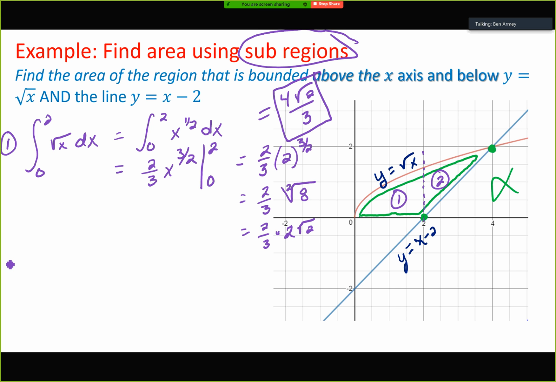All right, and then now region 2 is going to be bound from 2 to 4. All I'm worried about now is the second region, which goes from 2 to 4. Now I can treat it as top line minus bottom line, and all of this integrated with respect to x.